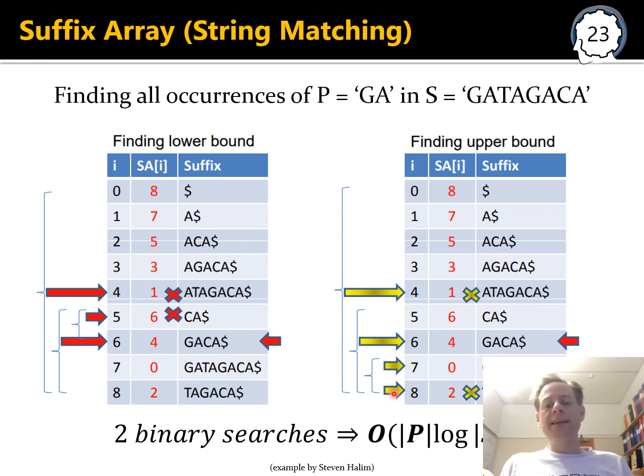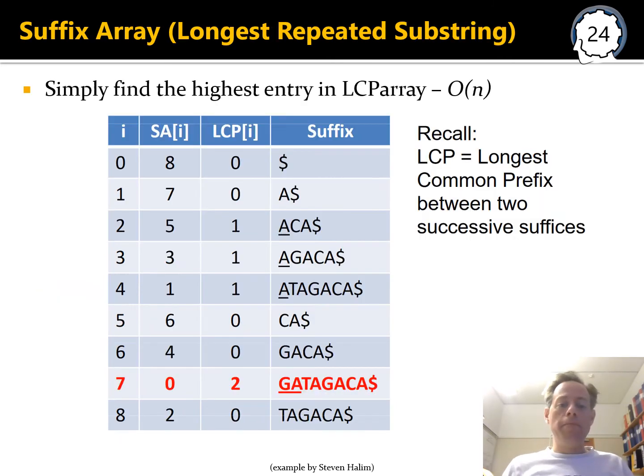Then we do a second binary search, finding the last occurrence. And then we can just count the number of occurrences in between the lower bound and the upper bound. In this case, it's just 2. So we can do that very efficiently.